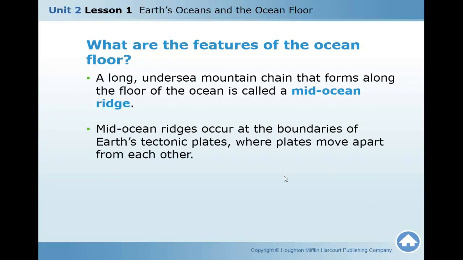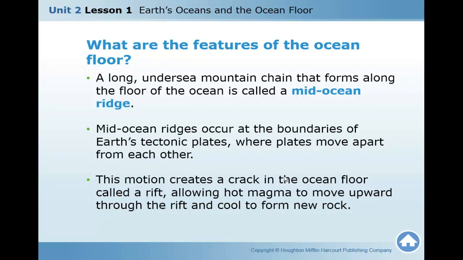Mid-ocean ridges occur at the boundaries of the Earth's tectonic plates, where the plates move apart from each other. This motion creates a crack in the ocean floor called the rift, allowing hot magma to move upward.